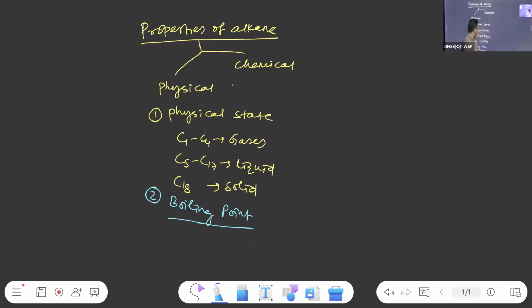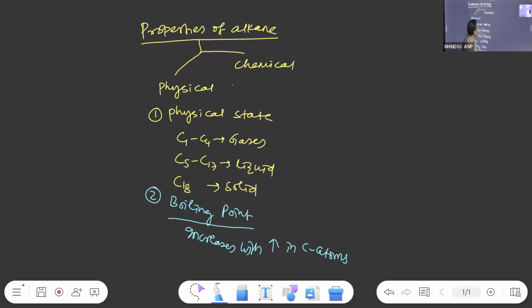Similarly, with increase in the number of carbon atoms, the molecular mass increases, and with increase in molecular mass, boiling point also increases. You can note down: boiling point increases with increase in number of carbon atoms.